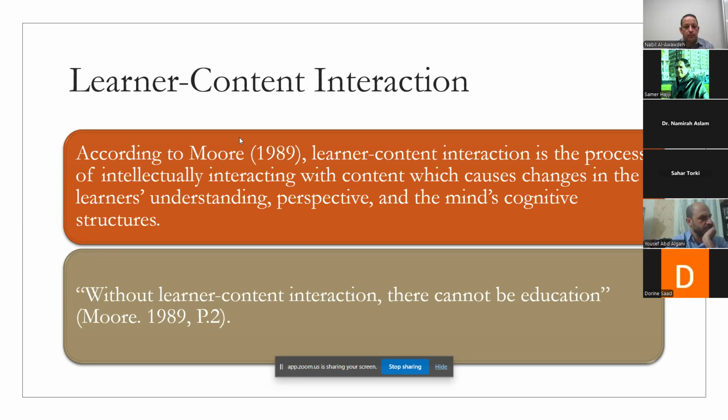According to Moore himself, learner-content interaction is the process of intellectually interacting with content which causes changes in the learner's understanding, perspective, and the mind's cognitive structures. Moore himself highlights the importance of learner-content interaction by saying that without this interaction, there cannot be education.